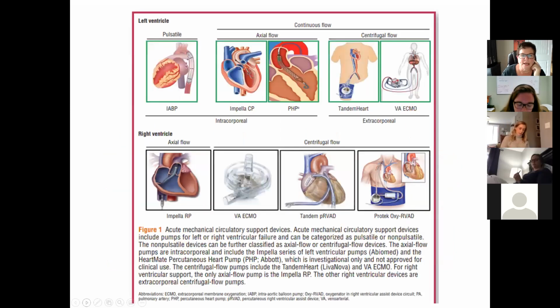I really like this next picture because it looks at all of the types of ventricular assist devices and how they work. Is it centrifugal flow? Is it axial flow? A balloon pump will still give a patient blood pressure and pulse. But once you go to continuous flow, it takes away that pulse and blood pressure in the traditional measurement.